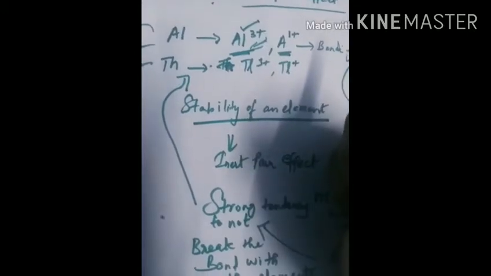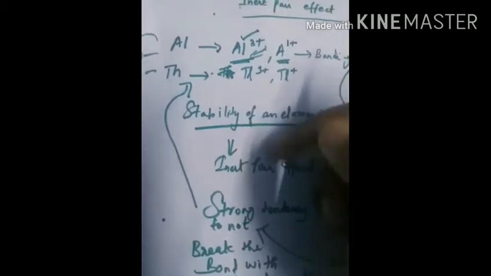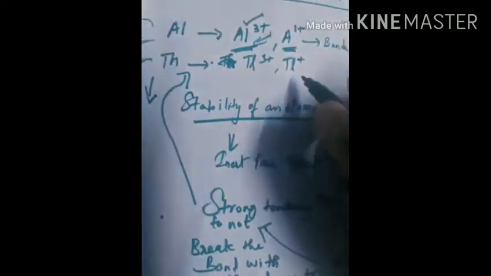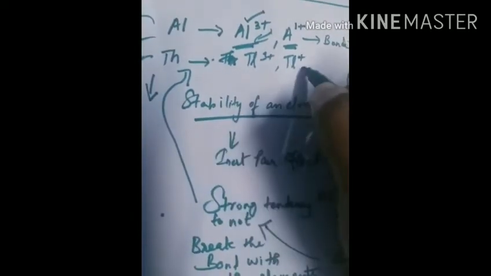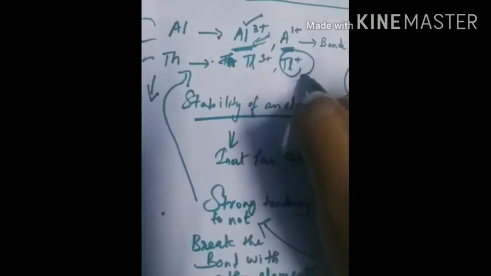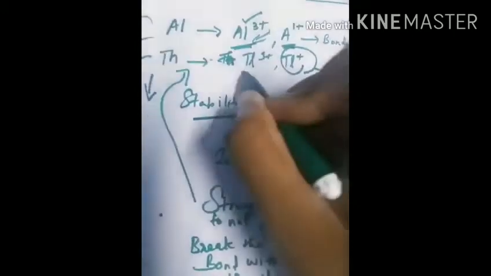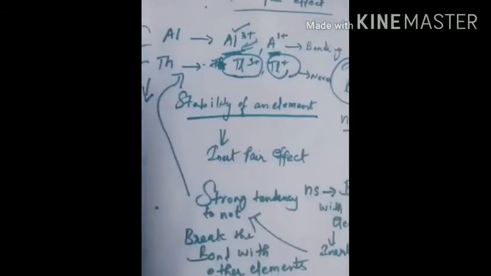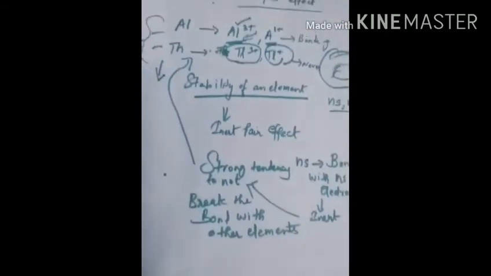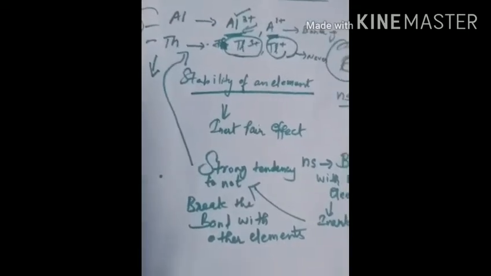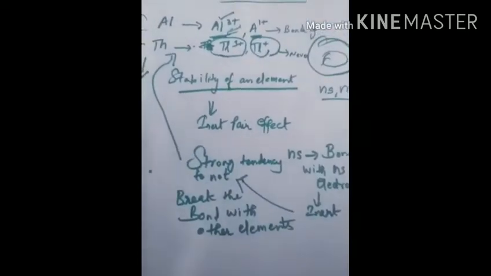But in the case of thallium, when we go down the p block, TL 1 plus is more stable because it will never bond, whereas TL 3 plus will easily bond. So these are some properties of the p block elements we should remember.